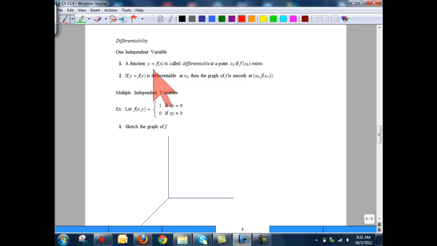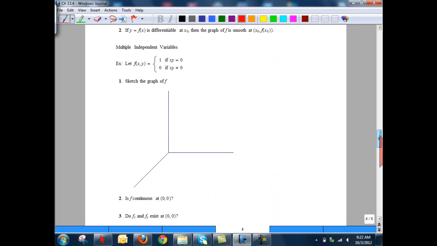We'll say a function y equals f of x is differentiable at a certain point if the derivative exists at that point. And remember that if a function is differentiable at a point, then its graph is going to be smooth at that point. In particular, if a function is differentiable at a point, then it has to be continuous at the point. The other way around is not necessarily true.